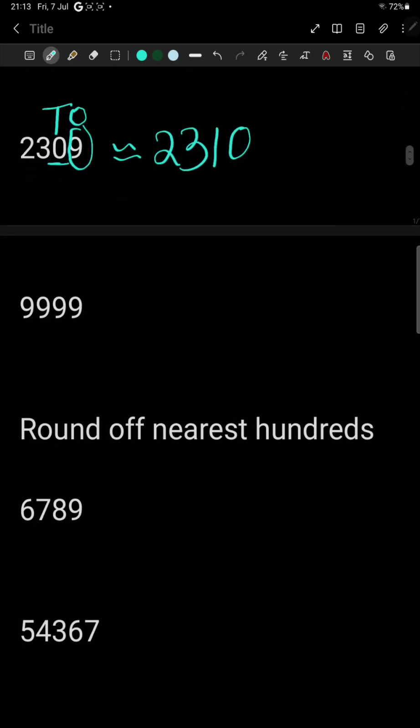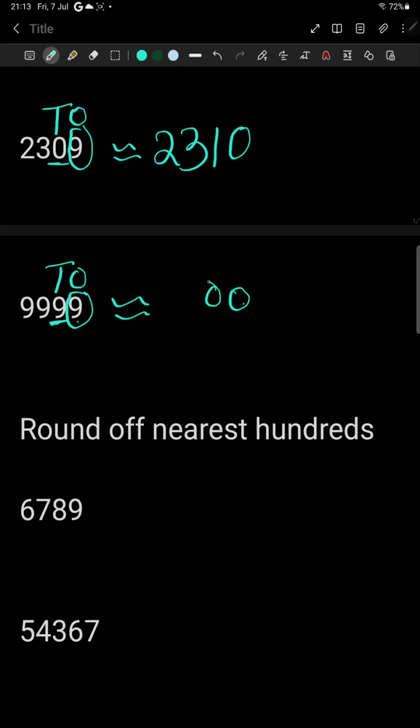Now this is a little bit tricky. So this is 9999. We will underline the number at the tens place. We will see the number on the right hand side. It is 9, bigger than 5. So it should be rounded up. When we round it up, the ones will become 0. It will become 10.